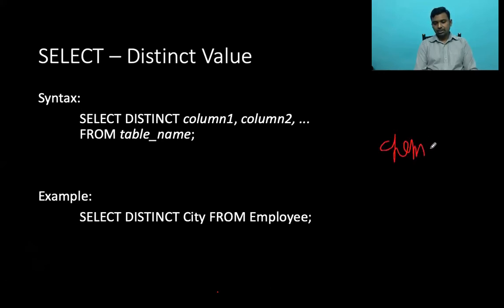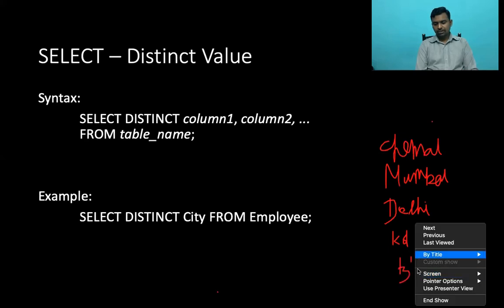So the output will be like this: Chennai, Mumbai, Delhi, Kolkata, and then finally Bangalore. So these are the 5 cities where people work in my organization.